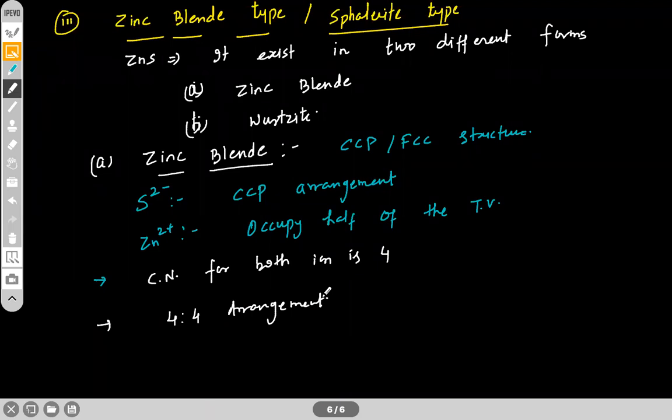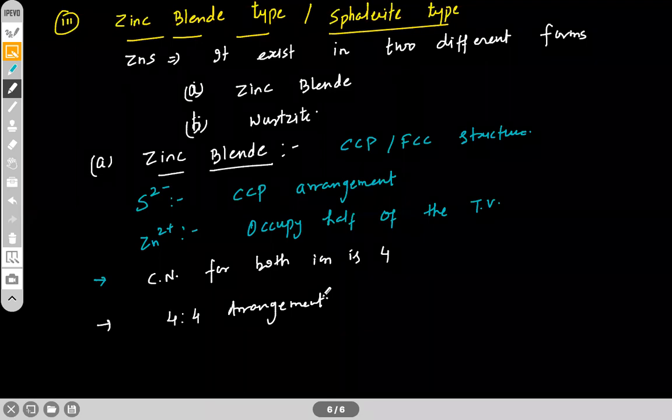Okay, this is zinc blende, the first type of structure.